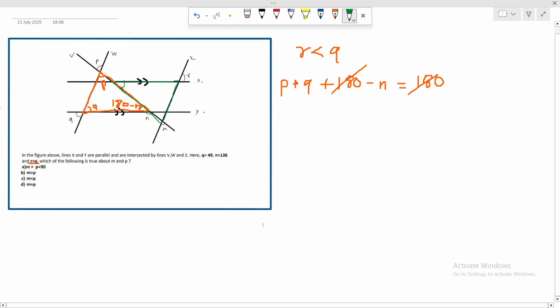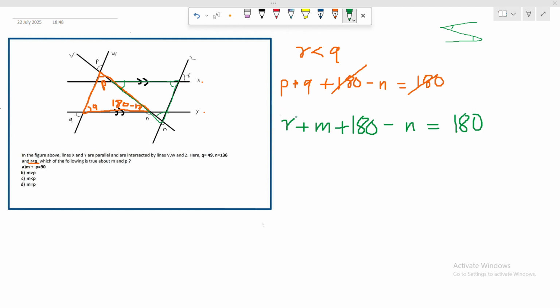As we can see, x and y are parallel to each other, so there will be alternate angles which form z. This z angle here and here will be the same. So you can say that this is 180 minus n as well, and this will be r and this will be m. Let's write the similar process in this triangle as well.